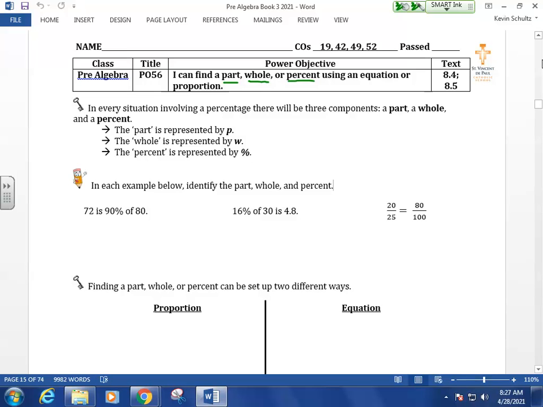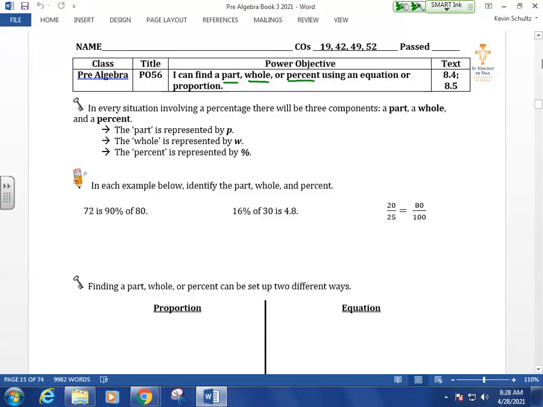If you remember that a part is a percentage of the whole, that's going to be your key phrase here. So when we look at 72 is 90% of 80, and we think a part is a percentage of the whole, 72 is a percentage of 80. 72 is a part of 80.